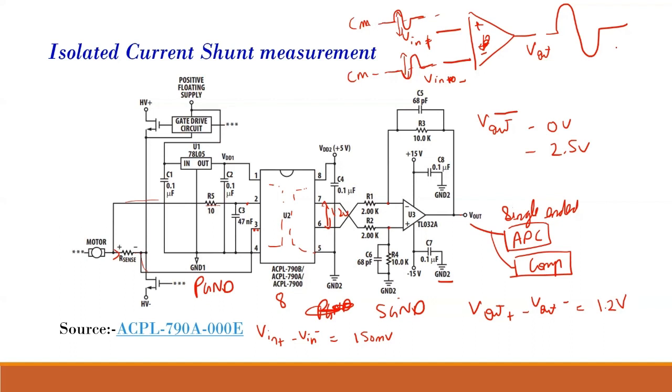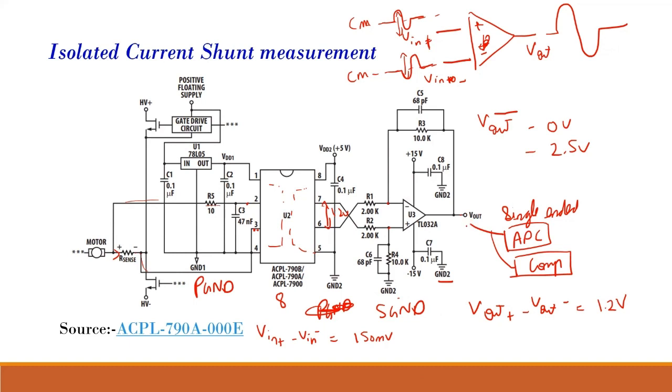Single-ended in the sense only one output. Yes, only one signal is there. I saw some figures where the output is shown with respect to plus VSAT and minus VSAT. Yes, one thing I'm thinking is your confusion.